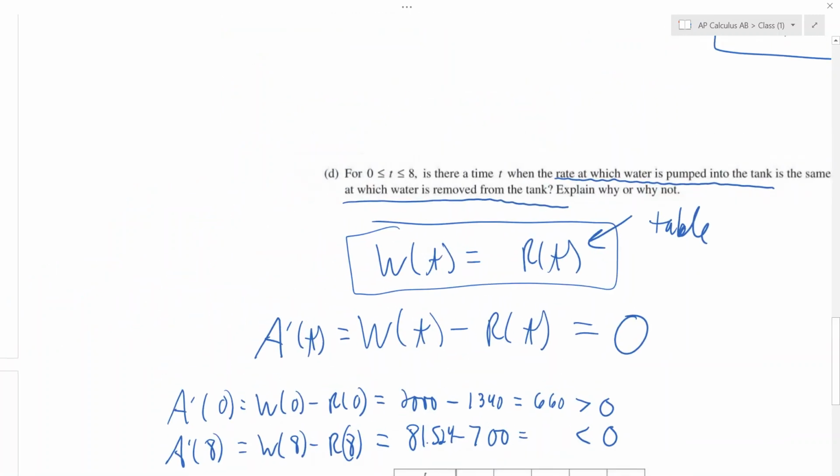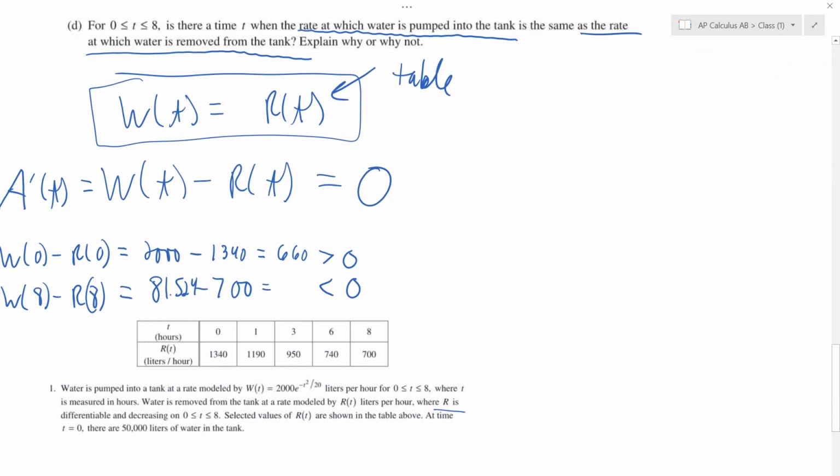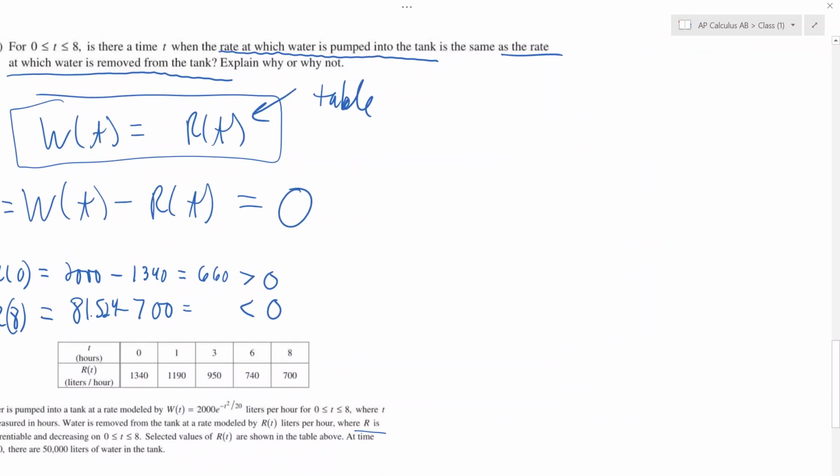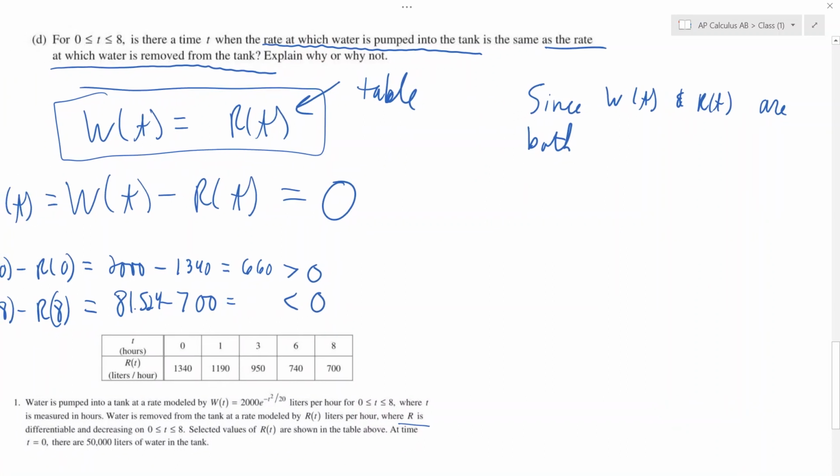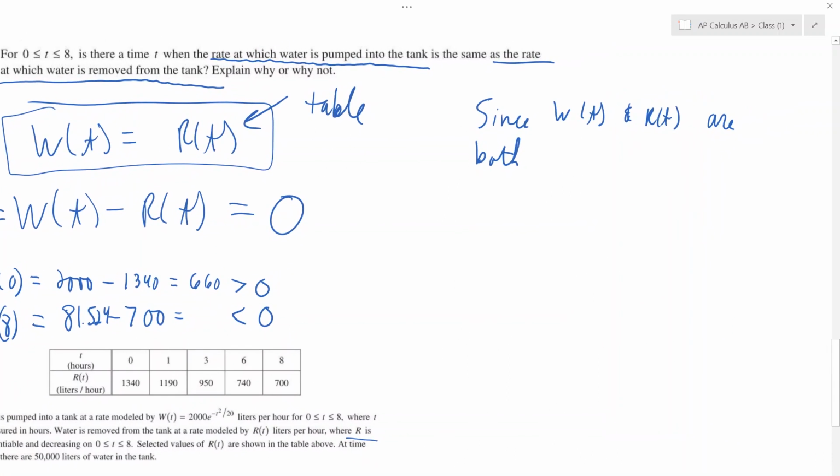All right, so we're going to write this out, and this is a key thing. I'll make sure everybody understands this. Since W of t and R of t, always with the conditions, are both differentiable, it tells us in the equation that R is differentiable.